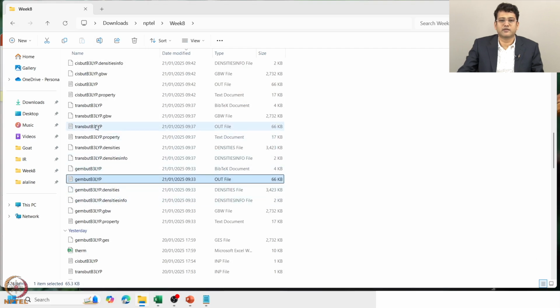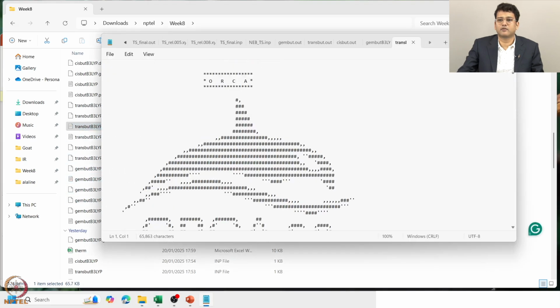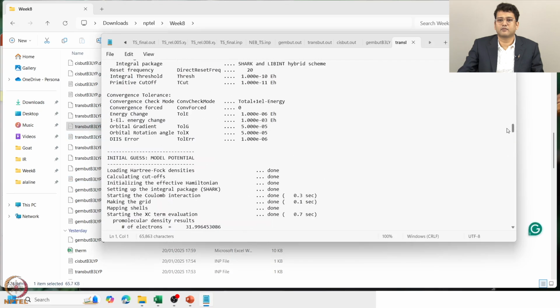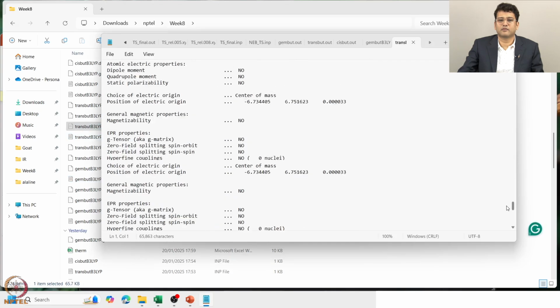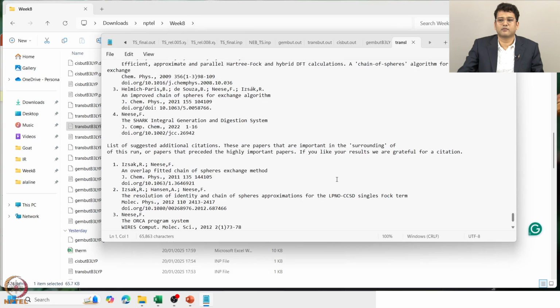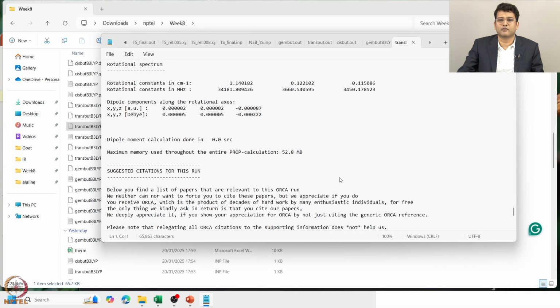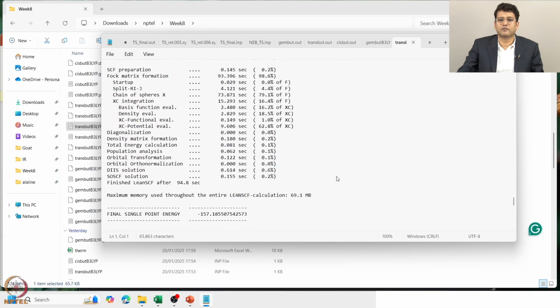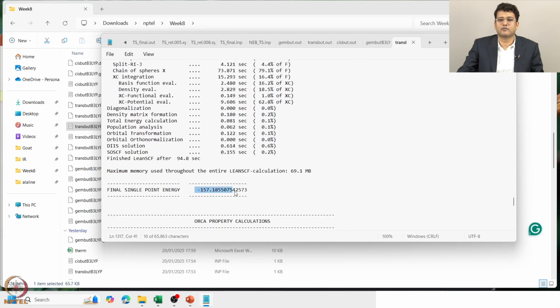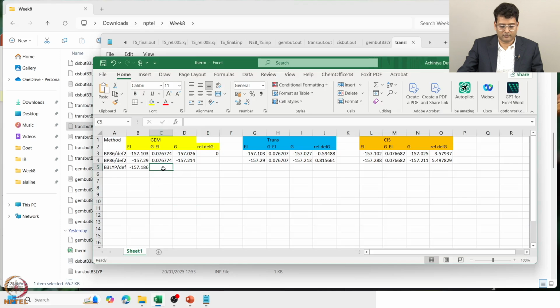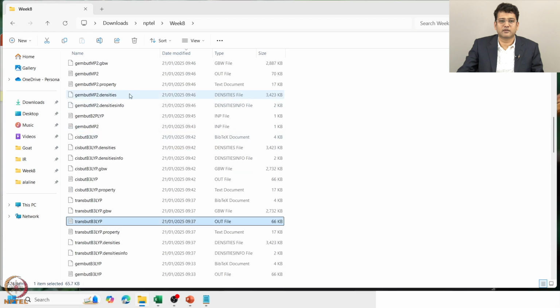For the trans, sorry, the trans has to be here. And the cis is next.